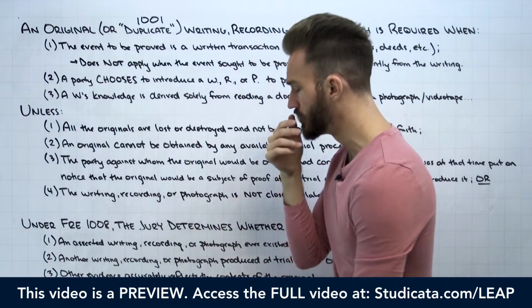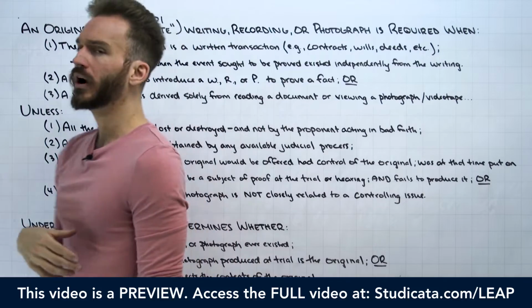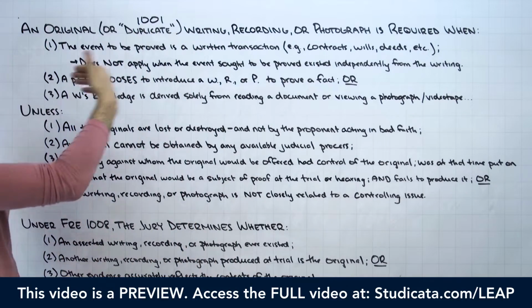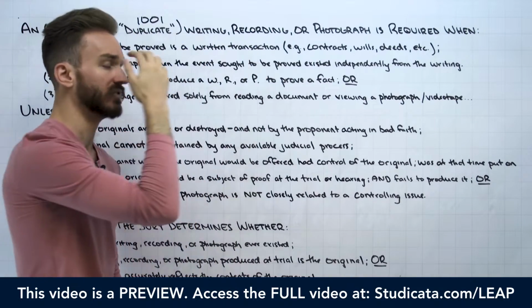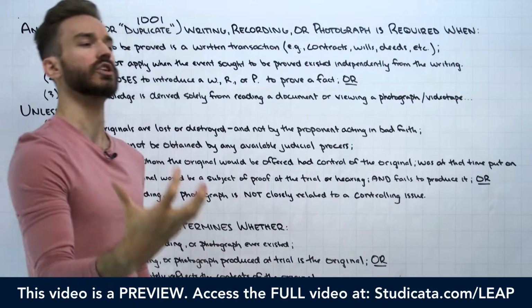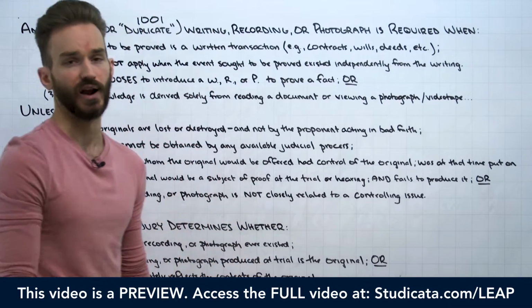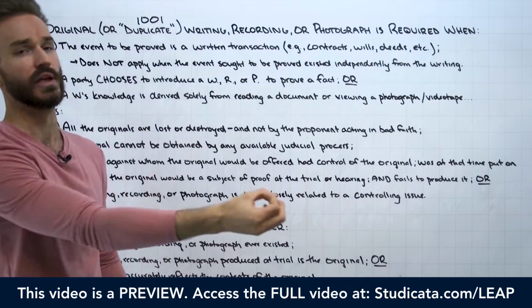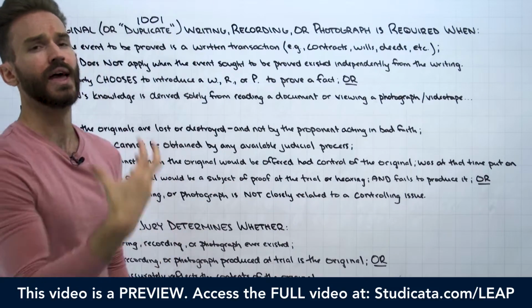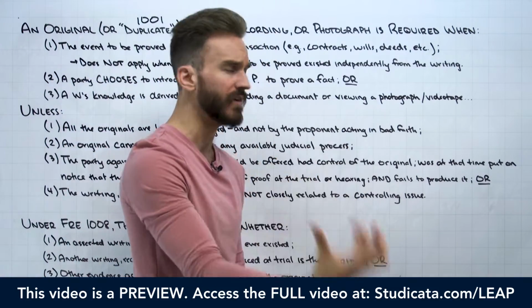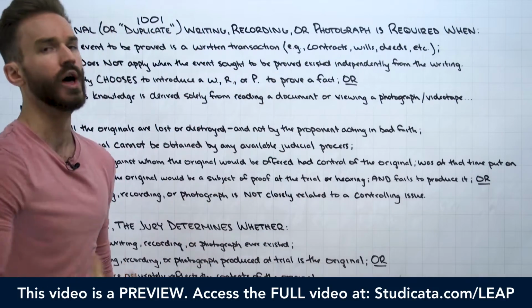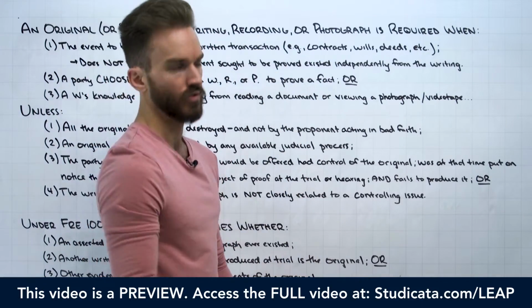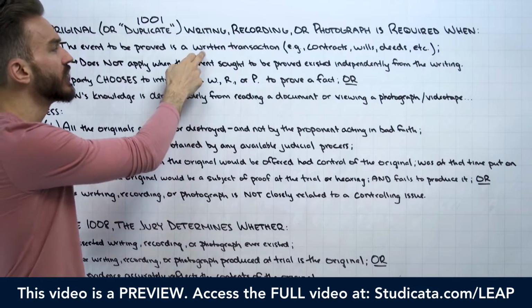So our first situation we want to look out for is where the event to be proved is a written transaction. This would be any document that is legally operative, right? If you execute the document and upon execution, it has some sort of legal effect, like a contract, a will, a trust, a deed, in all of these cases, that triggers 1001.